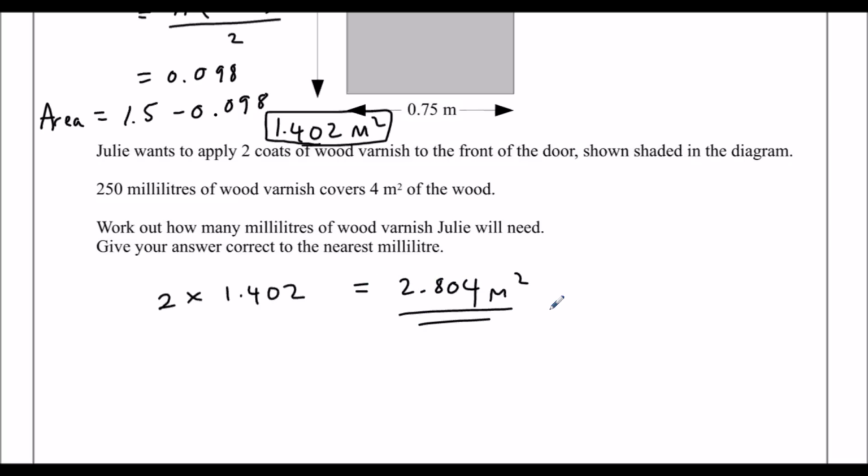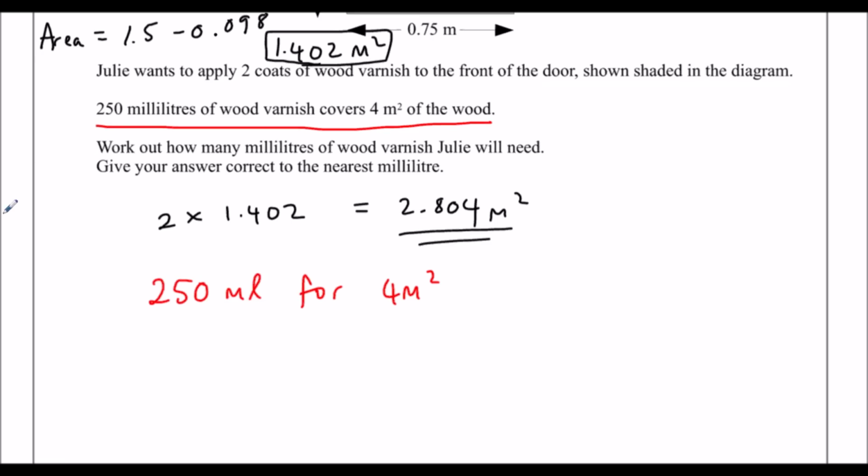So that's what the area is we need to cover. And we need 250 milliliters covers 4 meters squared. So 250 milliliters for 4 meters squared. If we divide by 4, we can get the amount we need for every meter squared.